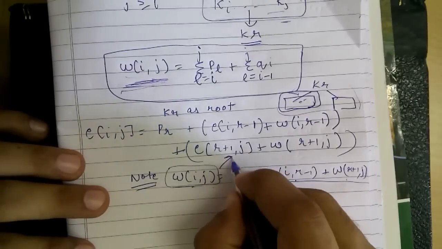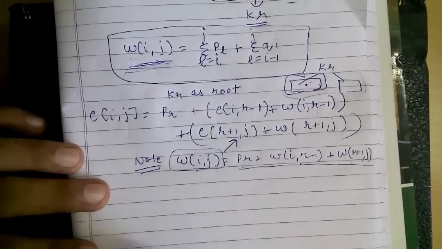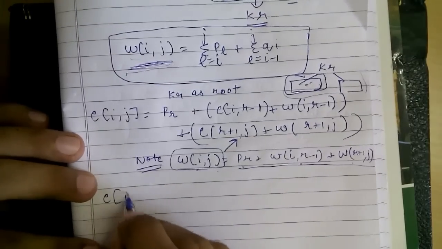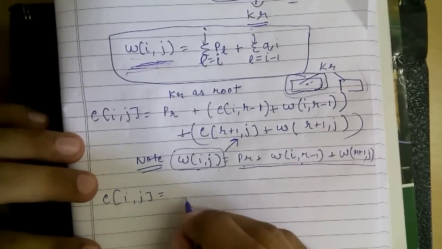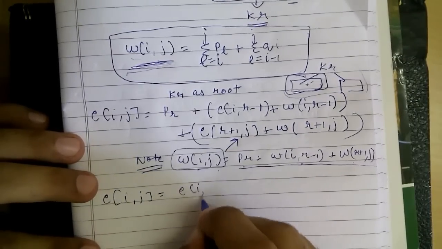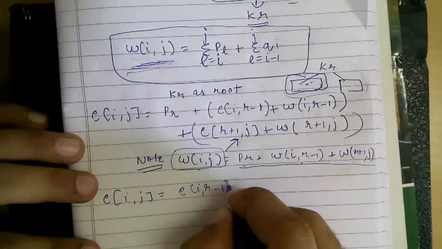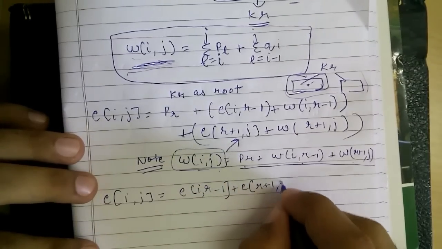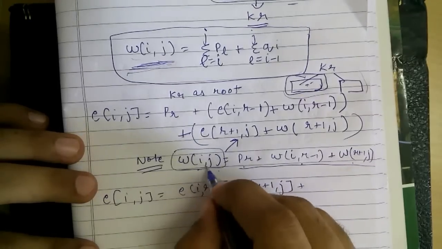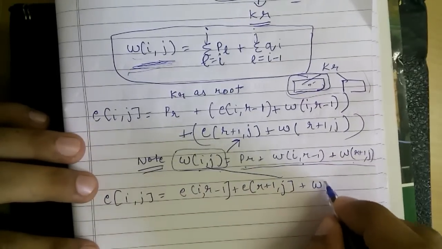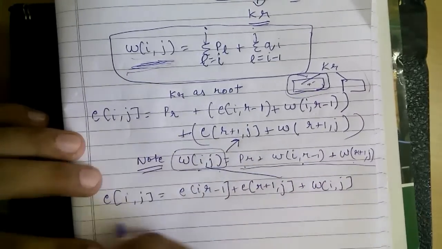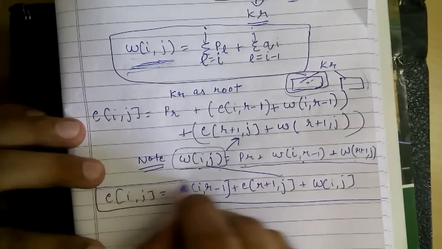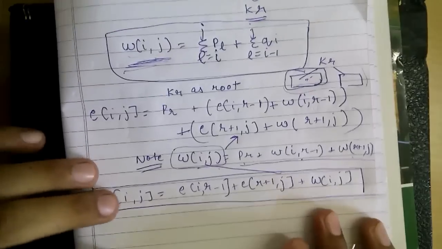So we can replace this in this equation. So our expected cost expression becomes e of i r minus 1 plus e of r plus 1 j plus this w of i j. So we finally got our expression.